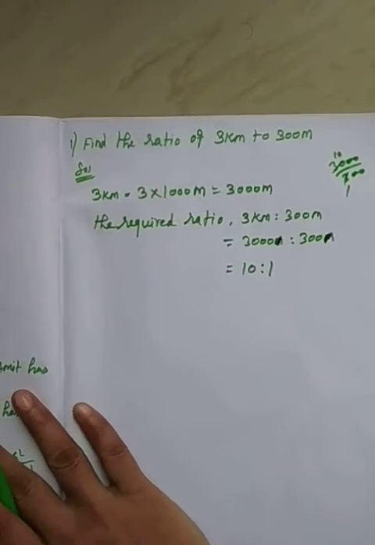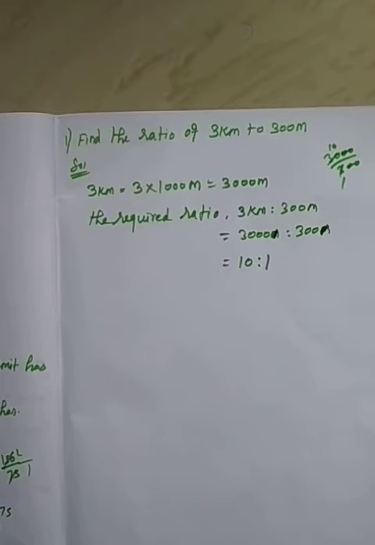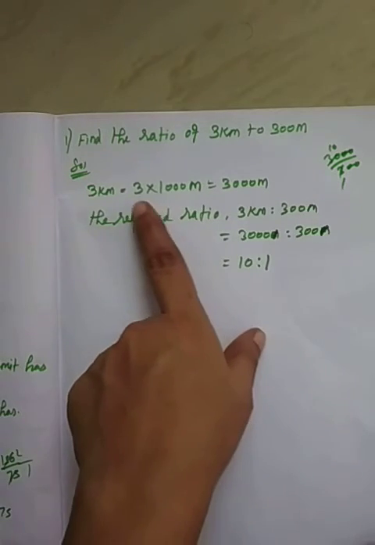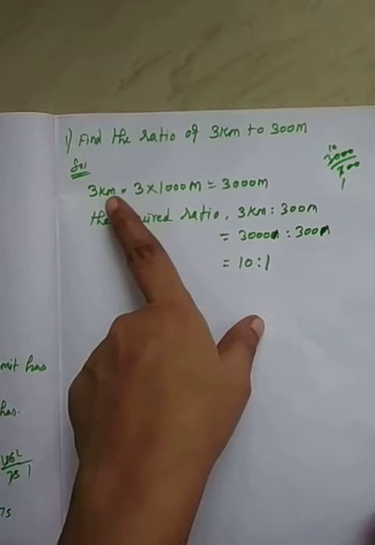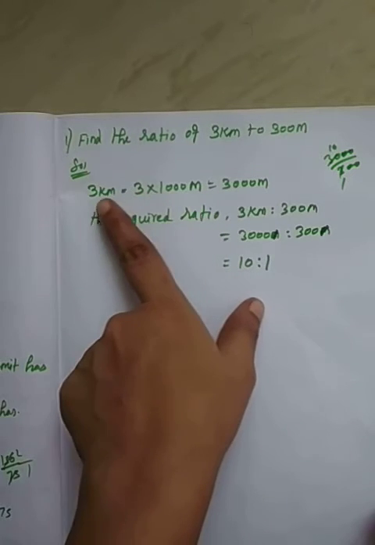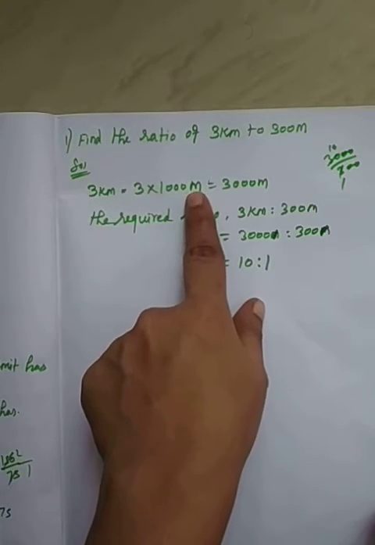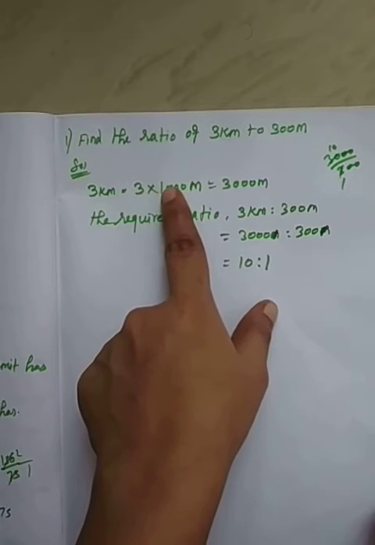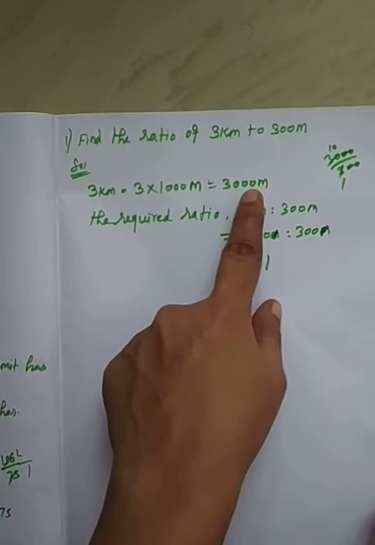In this problem, find the ratio of 3 kilometer to 300 meter. First convert both the distances to the same unit. So 3 kilometer is equal to 3 into 1000 meters, since 1 kilometer is equal to 1000 meter. So 3 into 1000 gives 3000 meter.